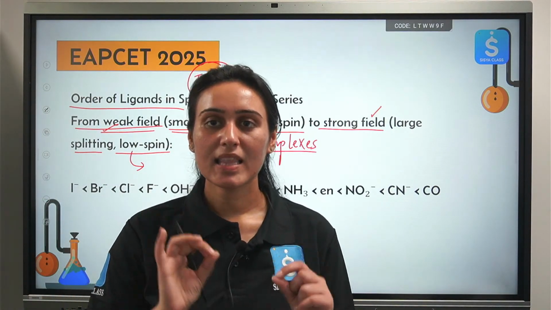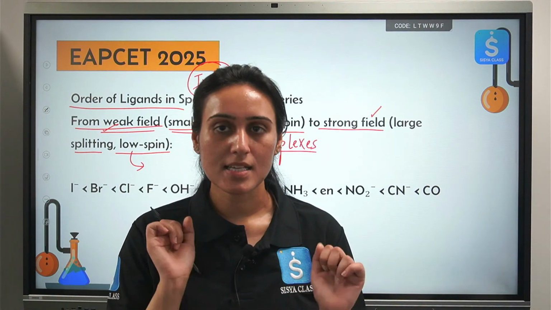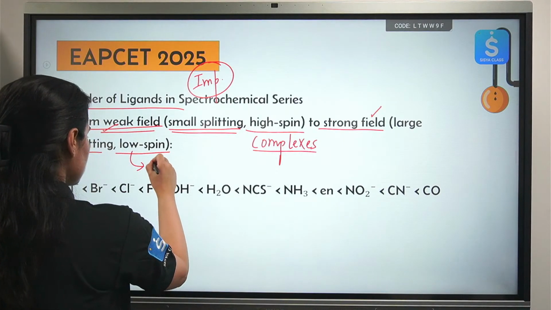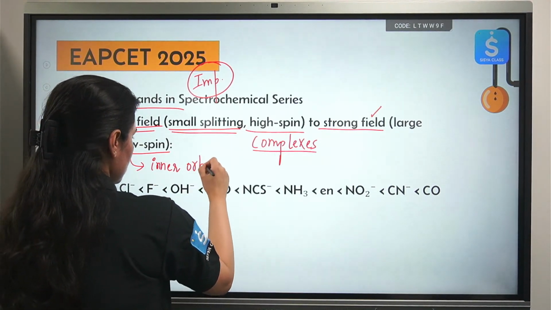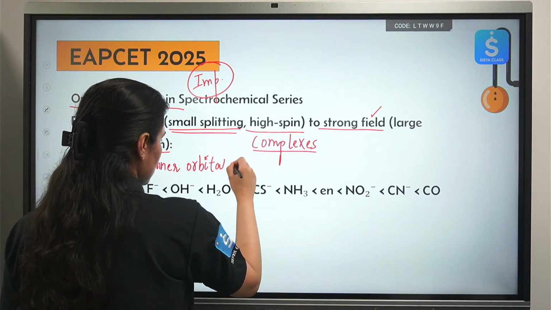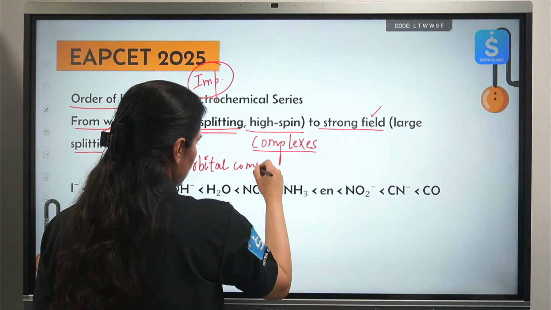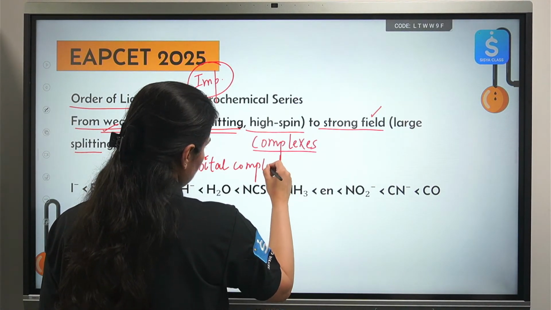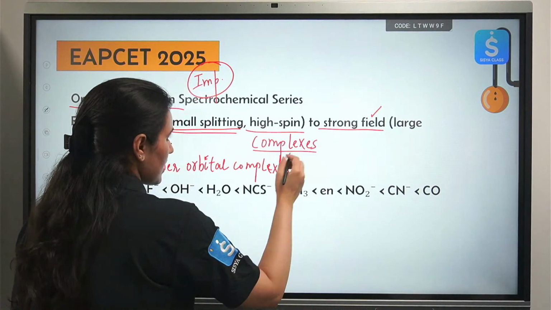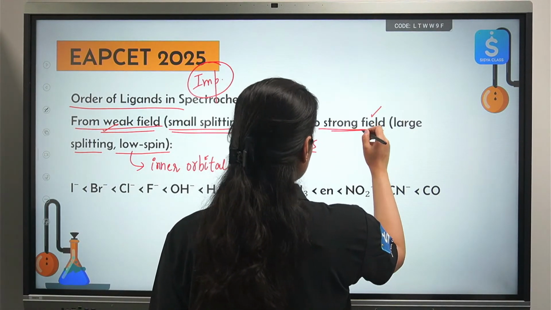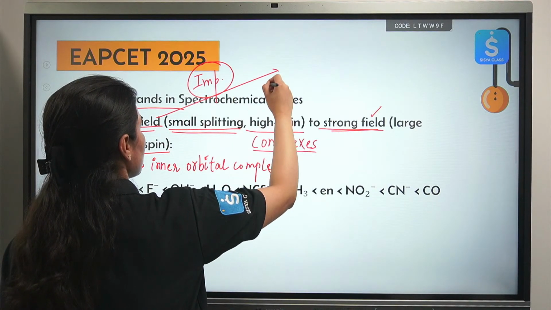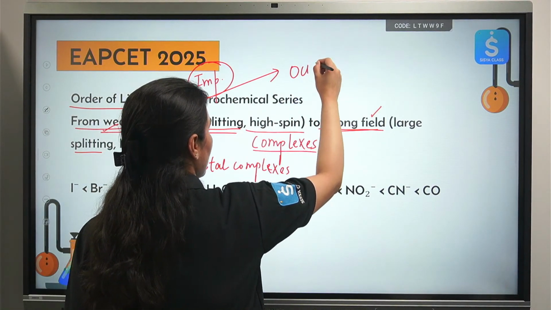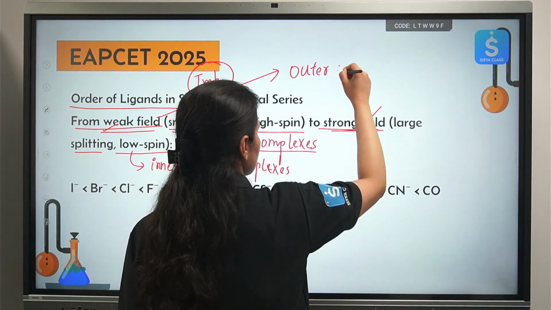They will form inner orbital complexes. And your strong field ligands will form inner orbital complexes and your weak field ligands will form outer orbital complexes.